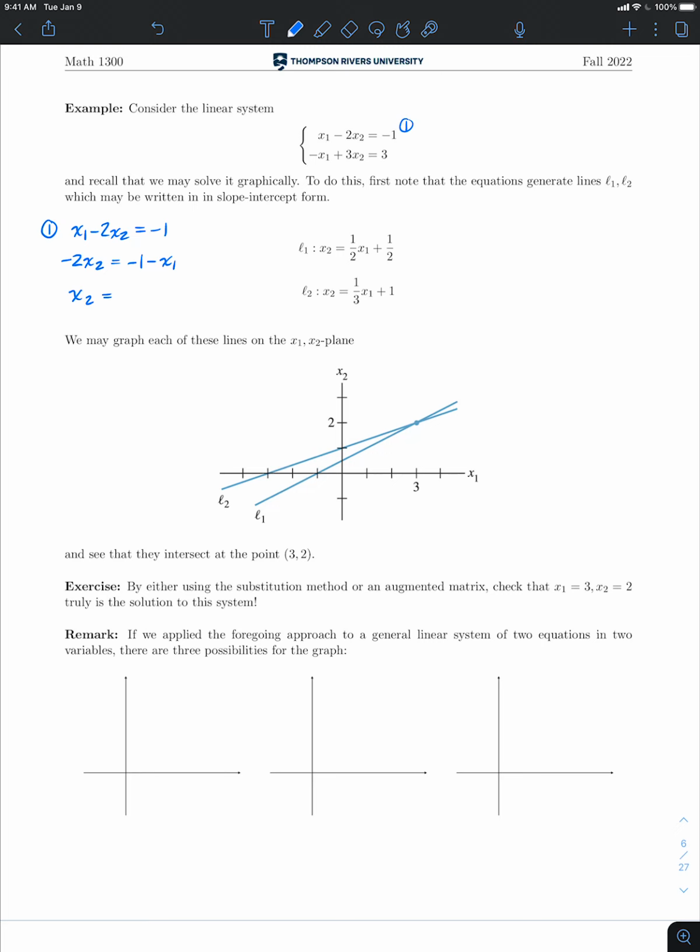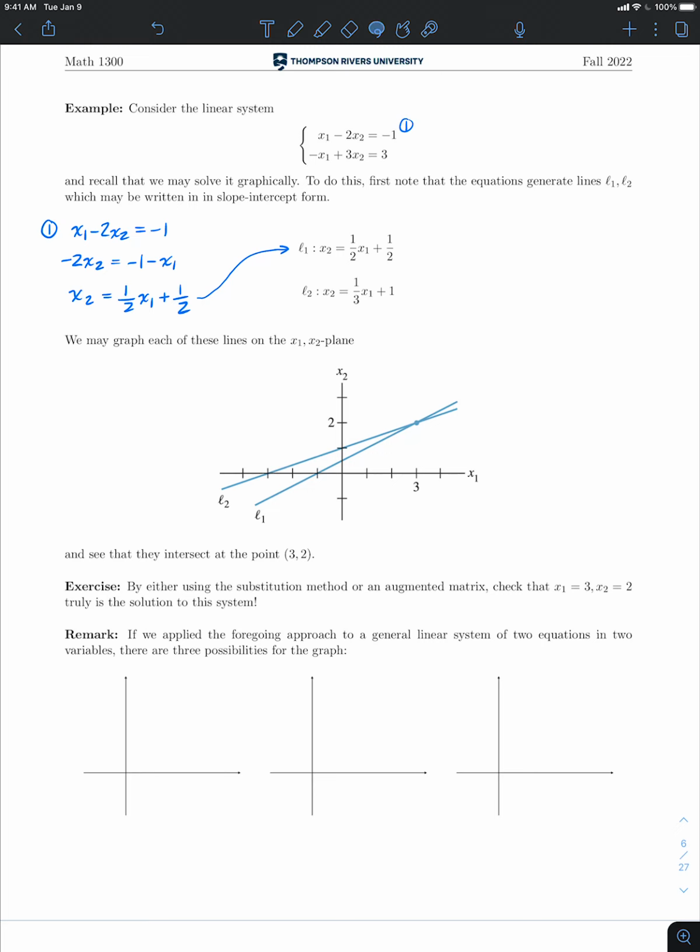On the right-hand side, I'm going to reorder the terms, so I'll end up with 1/2 x1, because if I multiply negative x1 by negative 1/2, I'll end up with positive 1/2 x1. And then the negative 1, this term hasn't been dealt with. If I multiply that by negative 1/2, I'll end up with positive 1/2. So that's where this equation comes from, the equation that defines a line L1.